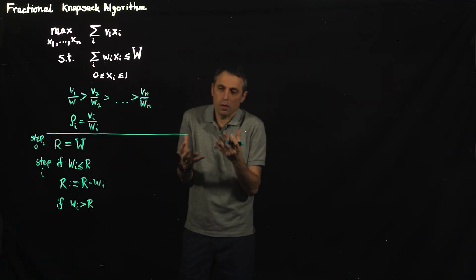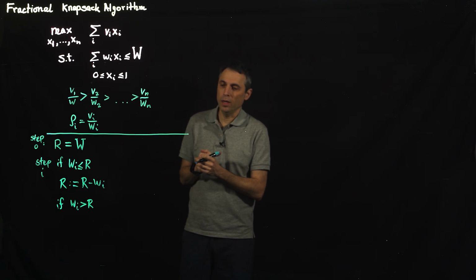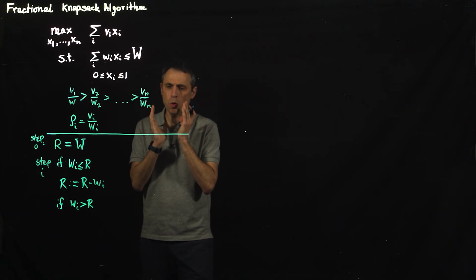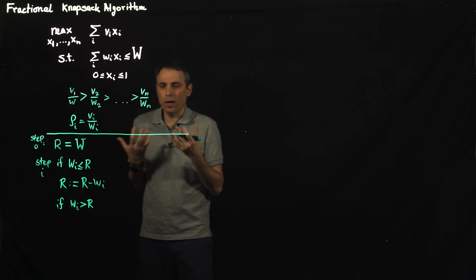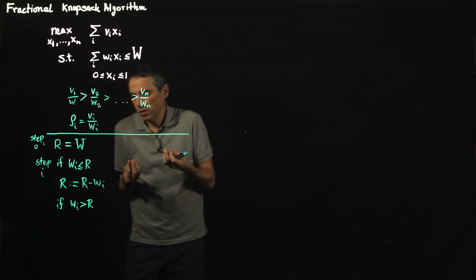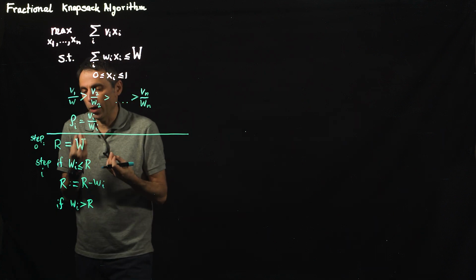So there is still some space to be used inside our knapsack. If Wi is bigger than R, we take what remains, just part of the item's weight.